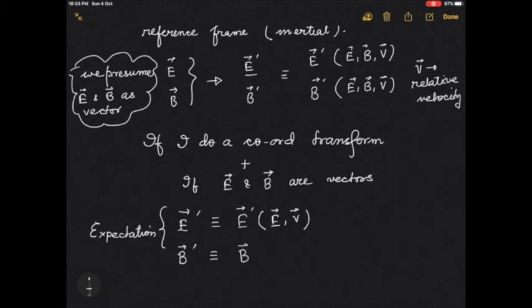And this is not the reality. So your expectation is not the reality.